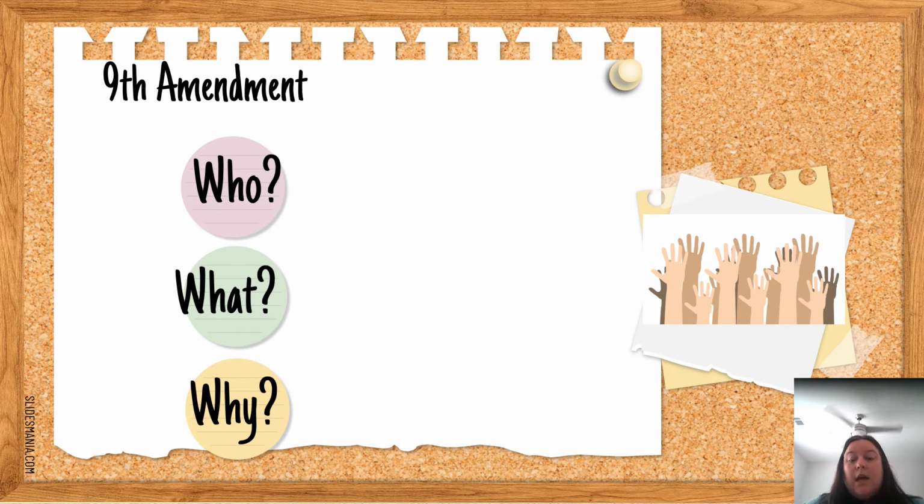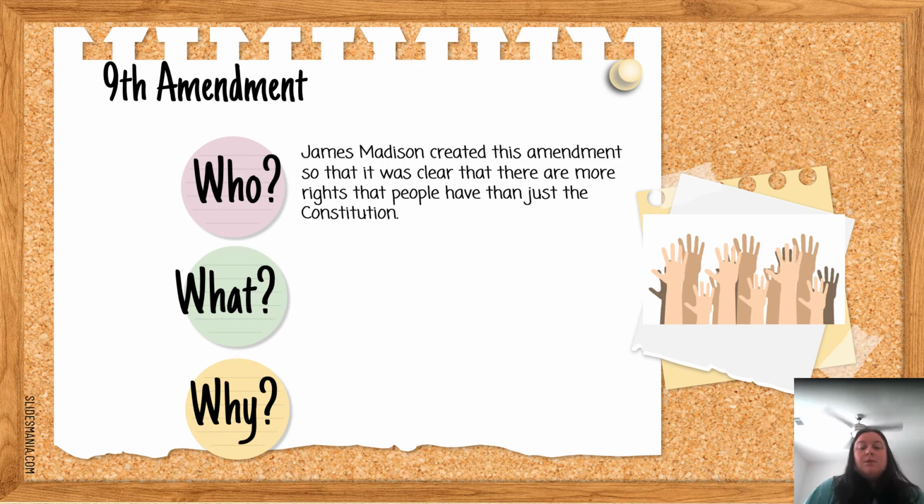So then we move into the Ninth Amendment. 9 and 10, these amendments are usually more difficult to understand because we don't really talk about them as much. James Madison created the Ninth Amendment so that it would be clear that there were more rights that people had than just the ones listed in the Constitution and the Bill of Rights.